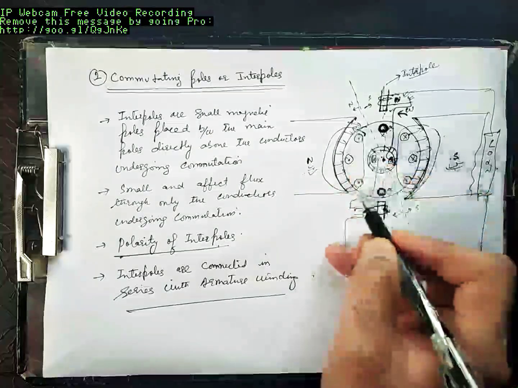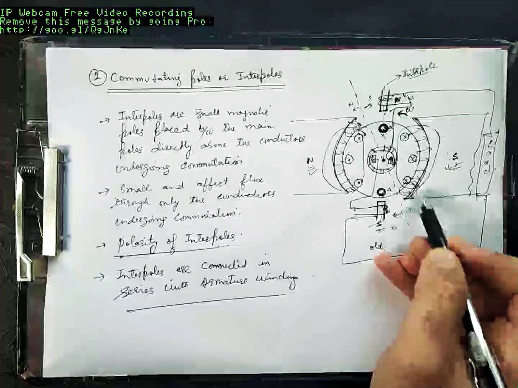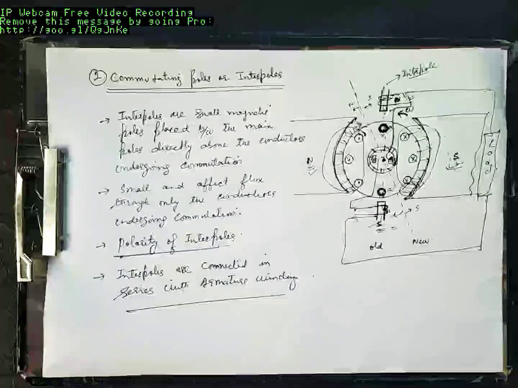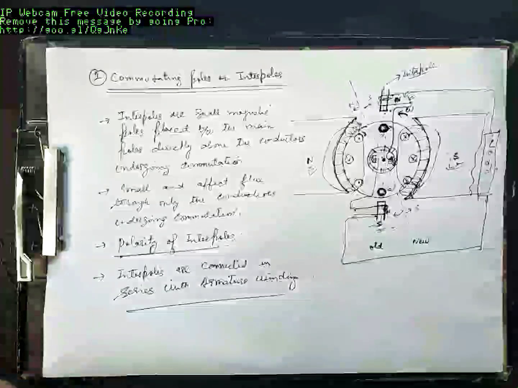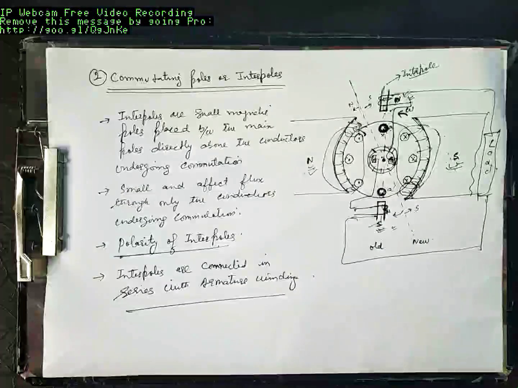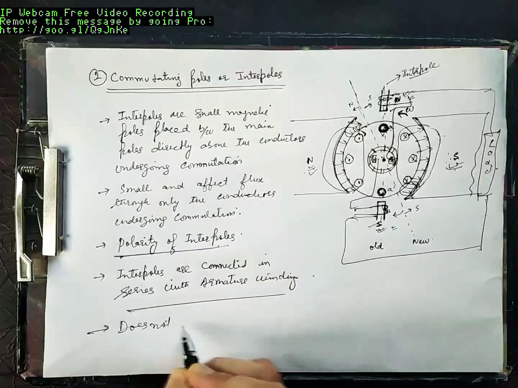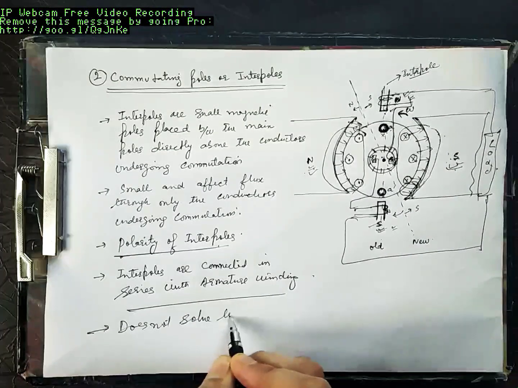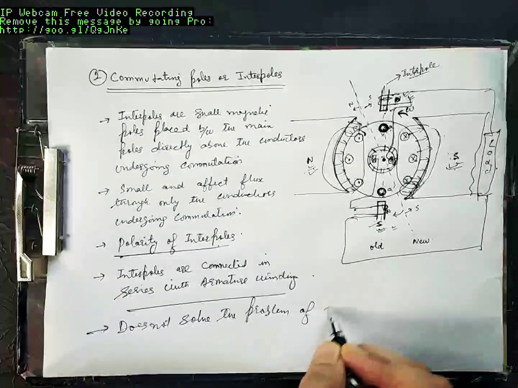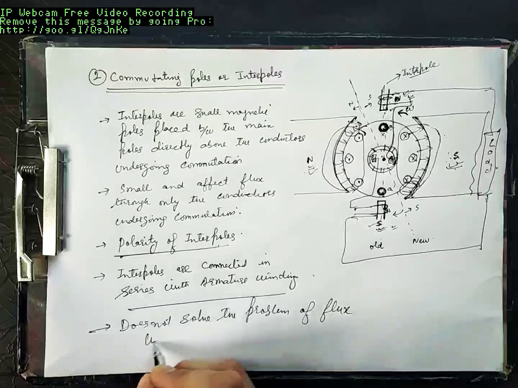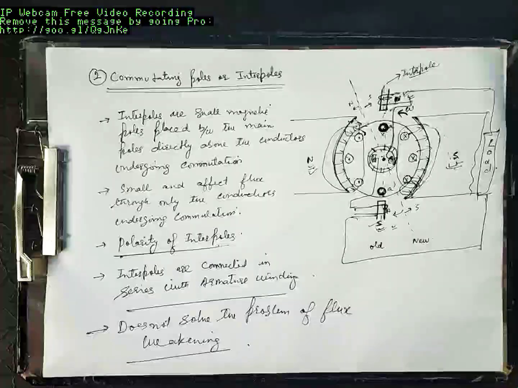Here it is subtracting, here it is adding. So this is flux weakening. This commutating pole does not solve the problem of flux weakening.